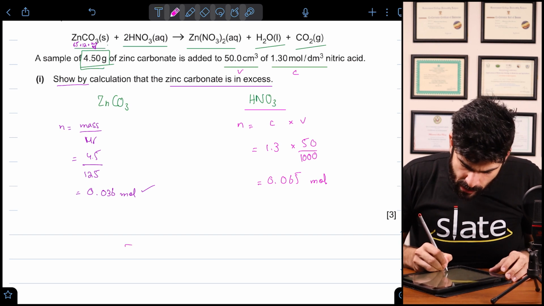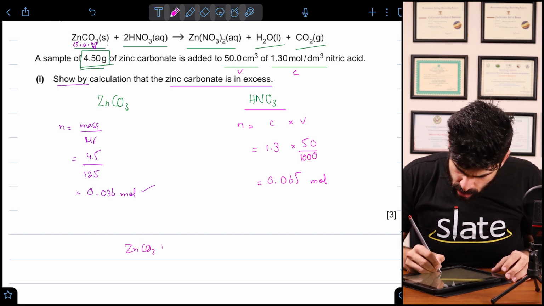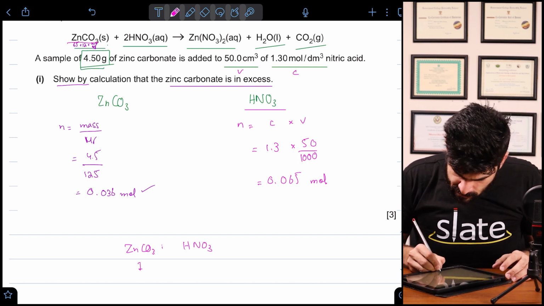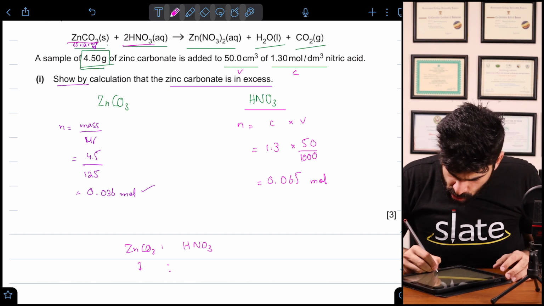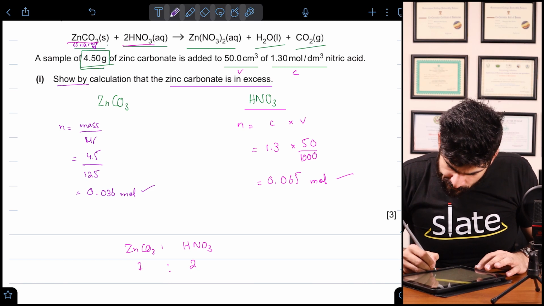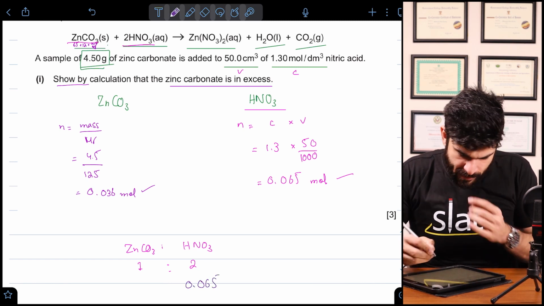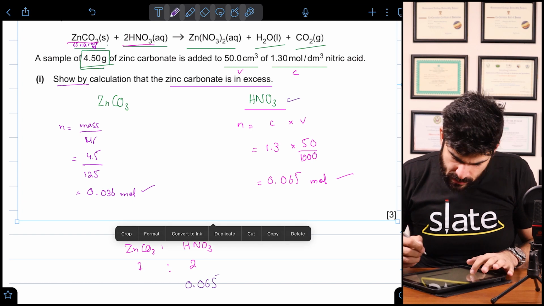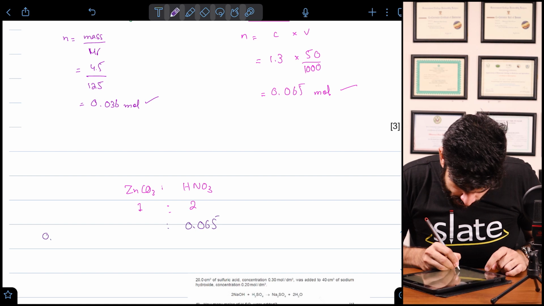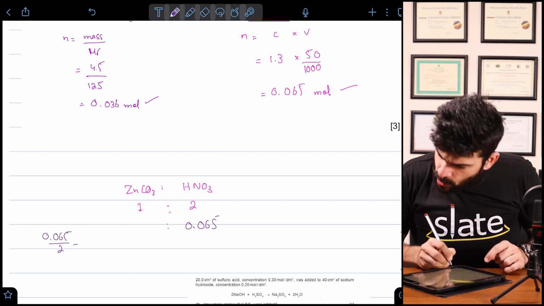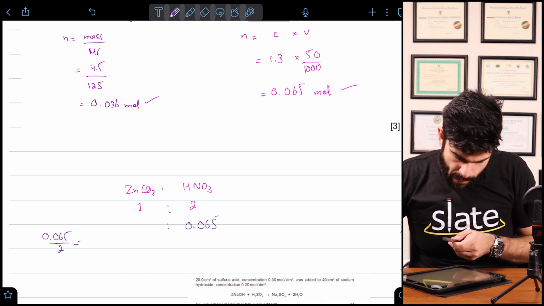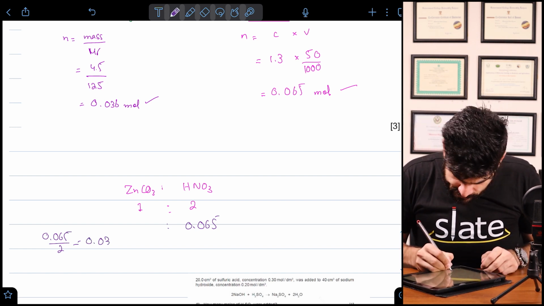Which values? Zinc carbonate ratio HNO3. First, we'll use the moles from the equation. Zinc has 1 moles. HNO3 has 2 moles. Let's take this value. So if we have 0.065 moles of HNO3, we do the molar ratio, cross multiplication, and 0.065 divided by 2, and that would give us 0.0325.